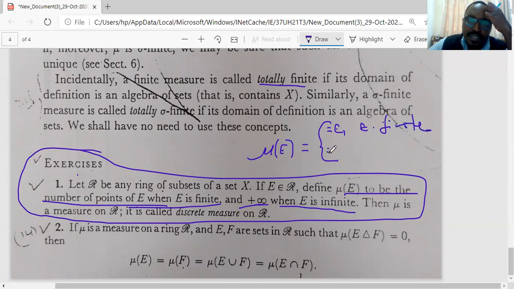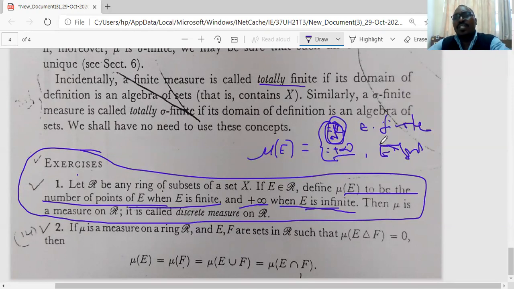Then the second case, it is defined as positive infinity on the condition that E is infinite.